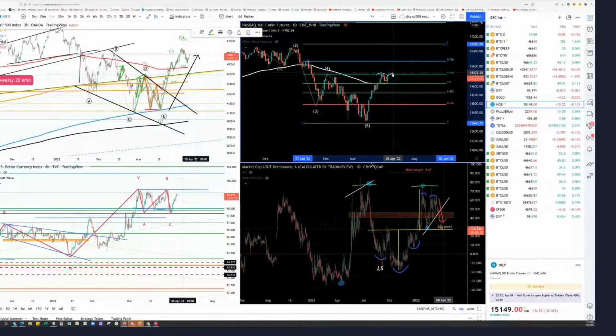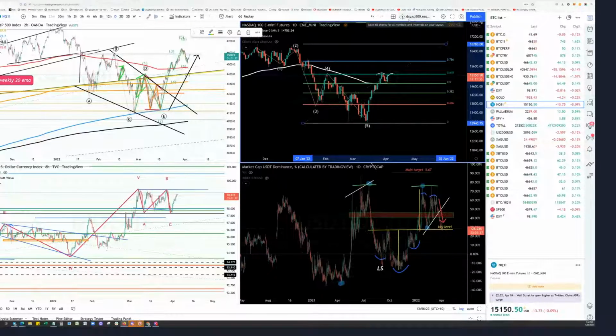So the Nasdaq's ranging sideways, and so is Bitcoin as well. If we see the Nasdaq drop below this 0.5, I'm going to say that Bitcoin will probably drop more as well. So keep an eye on this. The S&P 500 is pretty much lined up with that as well. And the US dollar is going sideways in this range. So pretty much the broader markets are going sideways at this point, and Bitcoin's reflecting it as well. So you can see how general markets and crypto are aligned.